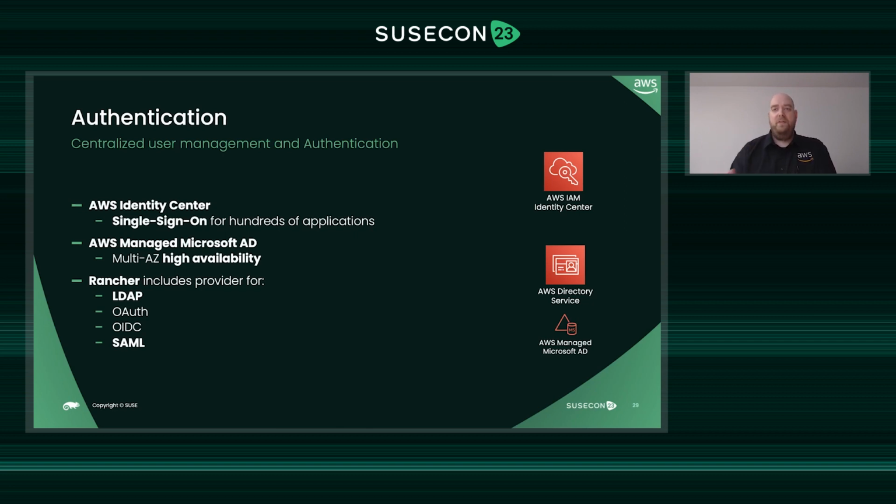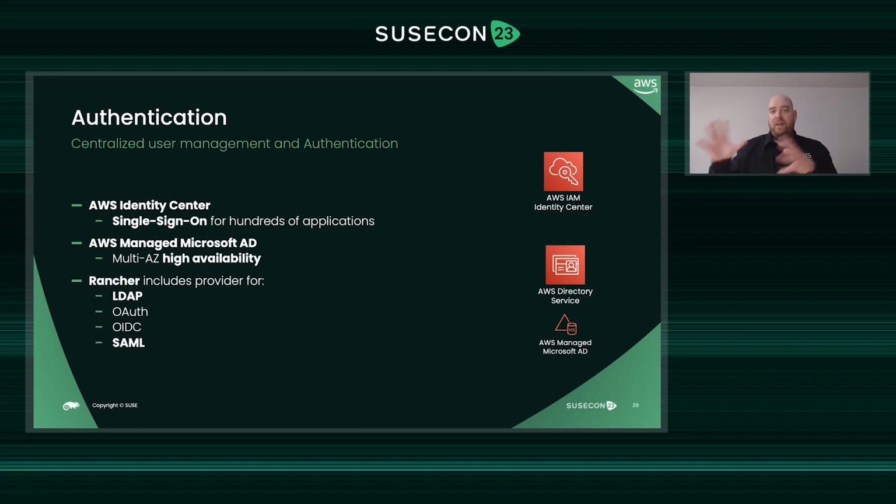And then we have AWS Managed Microsoft AD. By default, it's deployed across 2 availability zones, and you can always add additional domain controllers if you want to. It's fully managed by AWS. AWS takes care of the infrastructure and server patching, and you as customer get access to manage the actual AD objects.